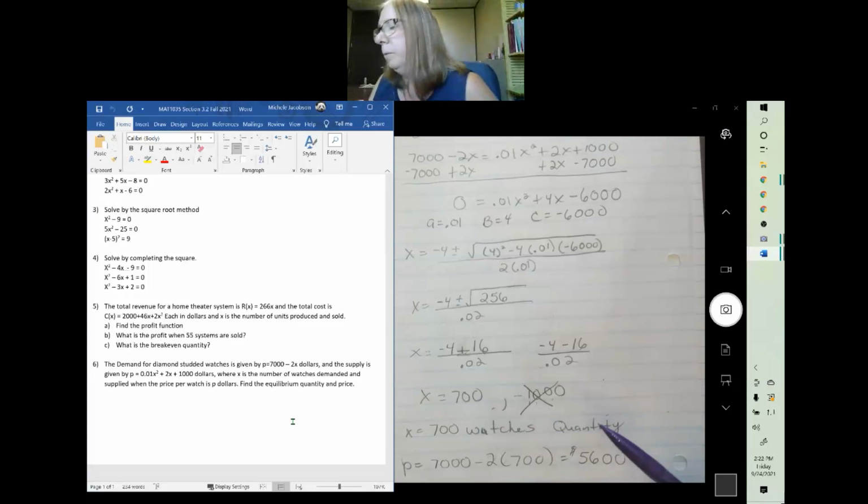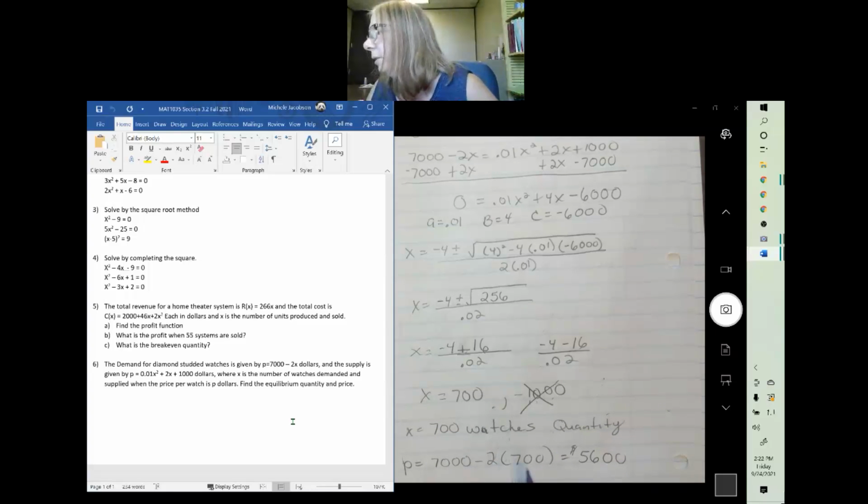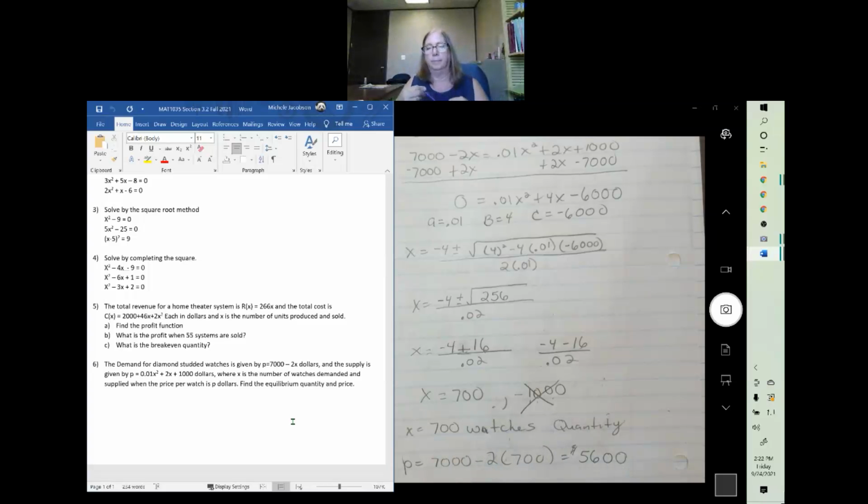So the equilibrium quantity is 700 watches and the price is $5,600. So if we sell the watches for $5,600, we will sell 700 watches, and that's where your supply and your demand are at an equilibrium. Any questions on that?